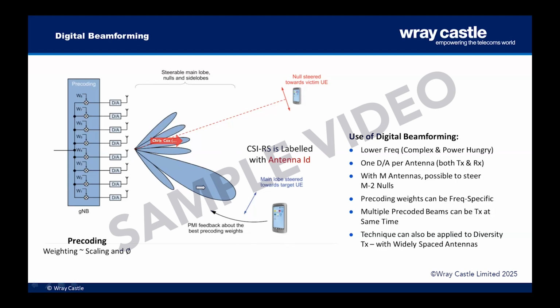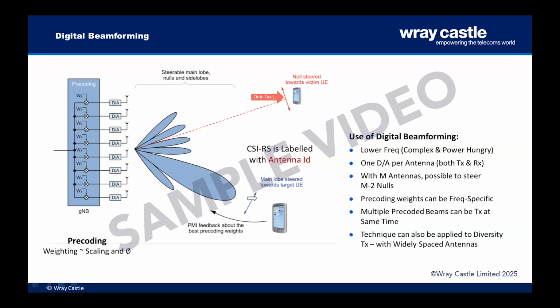Here's an example. We could steer this main beam directly towards a target mobile, while also steering a null towards a victim mobile, maybe in another cell, which might be vulnerable to interference. So this is now an awful lot more powerful.